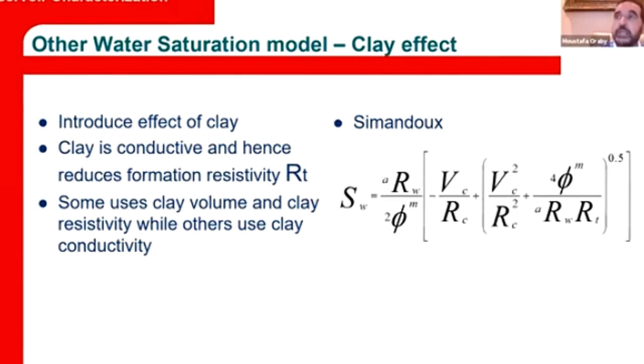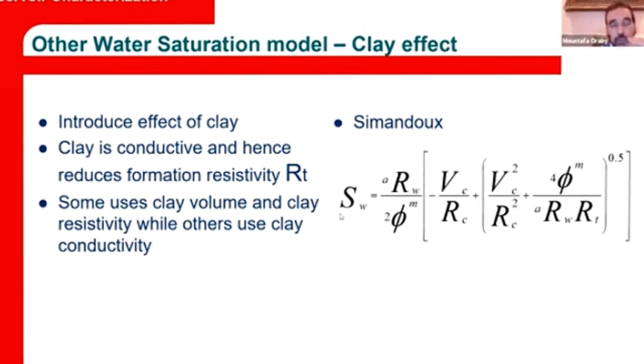Simandoux is a good water saturation model in case you have clay in your reservoir. I really use Simandoux all the time. You need to decide your clay volume and your clay resistivity, then plug them in here, and very clearly you can get Sw.